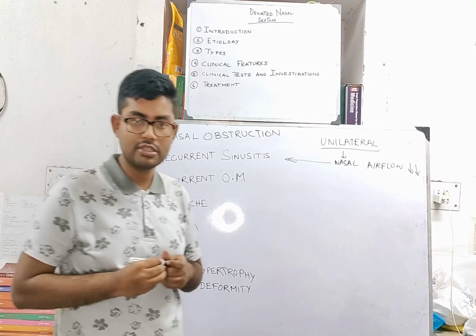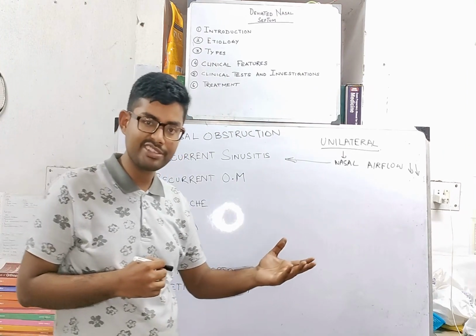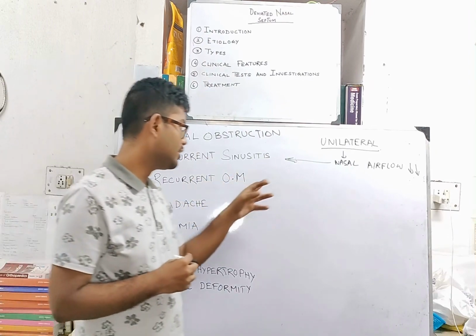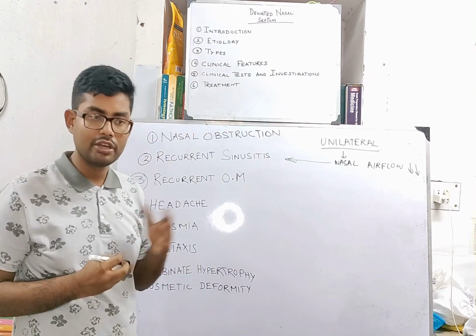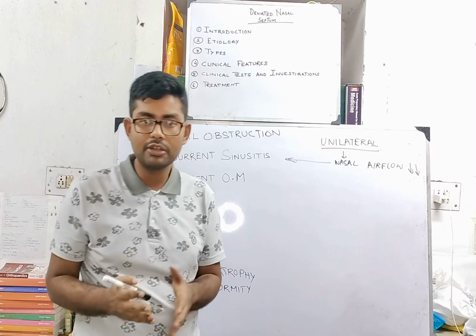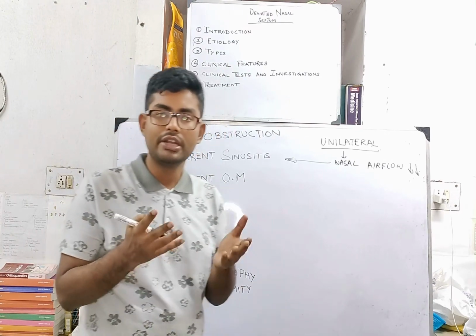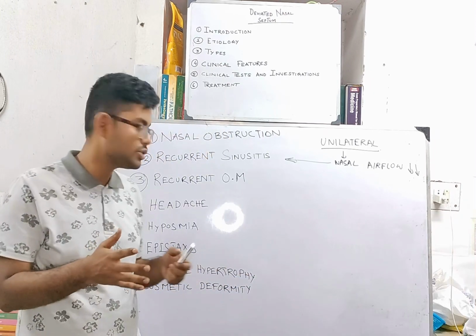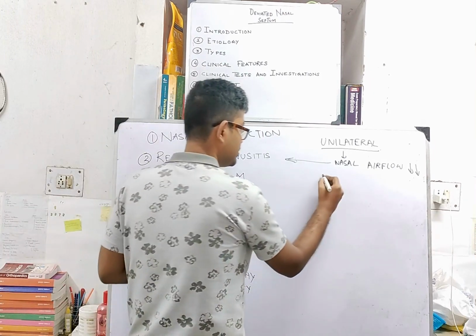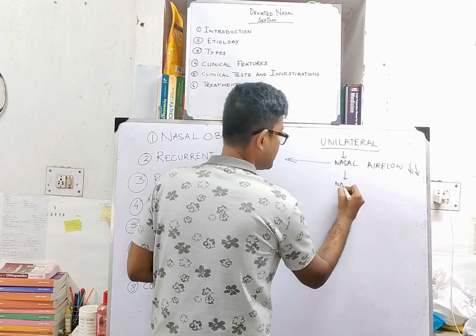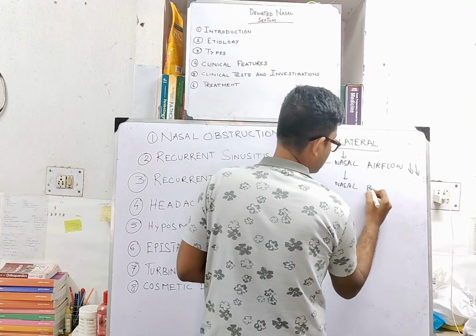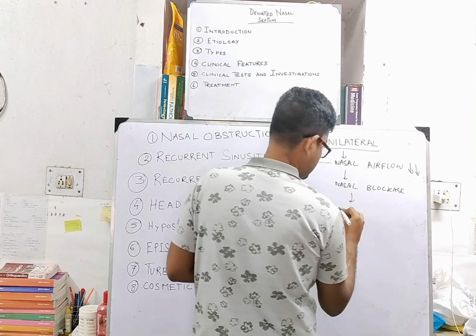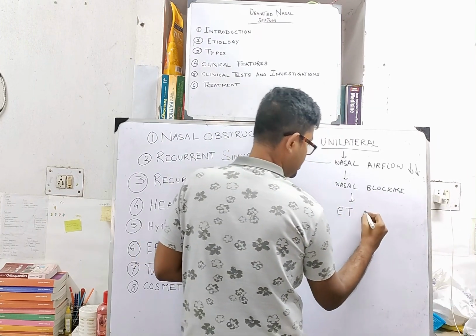A deviated nasal septum, a long-term deviated nasal septum, will go on to cause recurrent sinusitis. And then again, when there is reduced airflow and the patient has developed a sinusitis, it will cause nasal blockage and nasal discharge. The nasal blockage will in turn cause eustachian tube dysfunction.